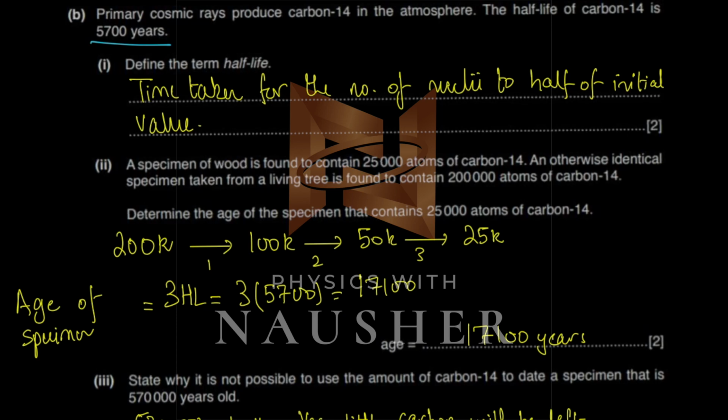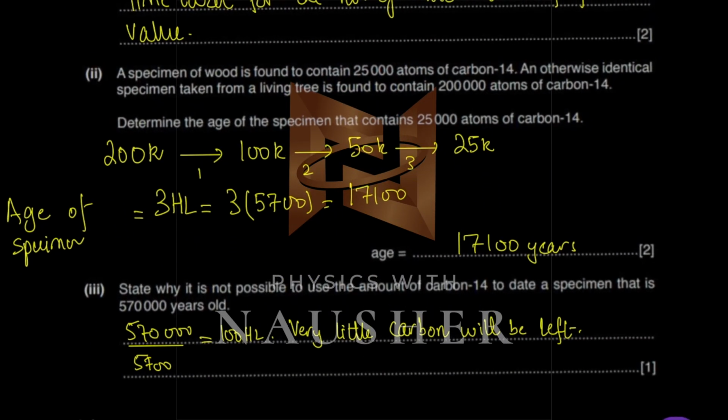In the last part, they're asking, why is it not possible to use the amount of carbon-14 to date a specimen that is 570,000 years old? Because if you look, the half-life is 5,700 years. If it is 570,000 years old, that means it's undergone 100 half-lives. Now, you can clearly see in 3 half-lives, you've gone from 200,000 to 25,000.